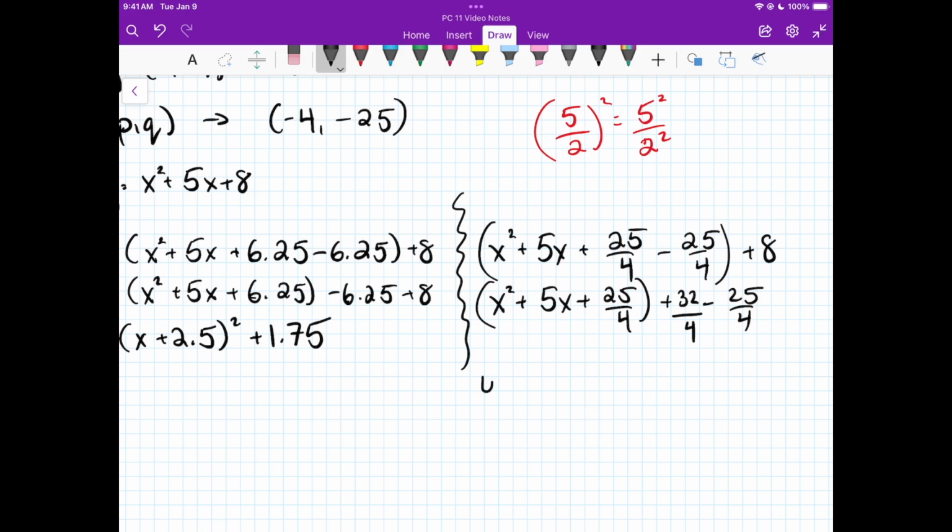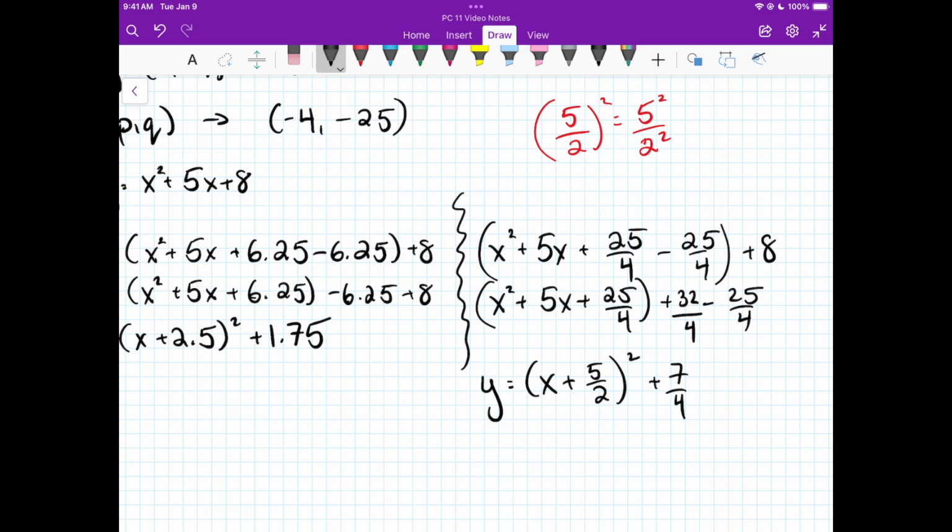So wrapping things up, we end up with y equals, in the brackets, it'll be x plus, and then again, taking the 5 and finding half of it, it'll just be 5 over 2, and then squared, and then 32 over 4 minus 25 over 4 gets us 7 over 4. And there we are. So that is how you complete the square.